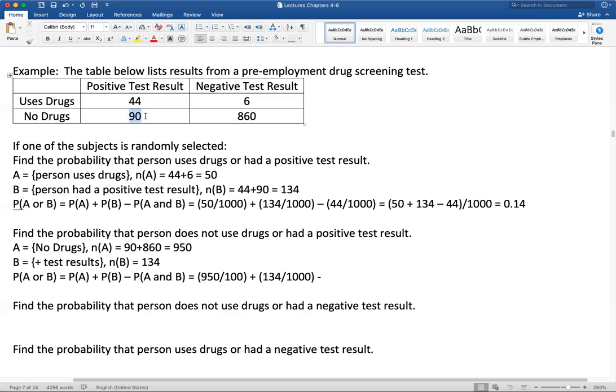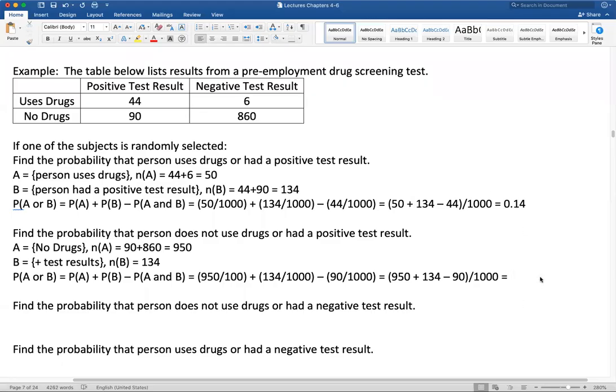These persons had a positive test result even though they didn't use drug. So it's 90 divided by 1000. That's going to be 950 plus 134 minus 90, divided by 1000. So we got 0.994.